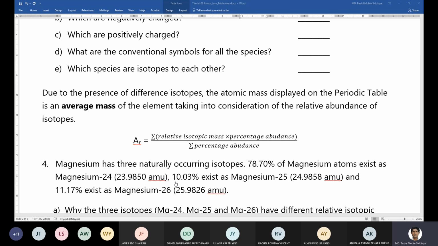So for sodium, 1s2, 2s2, 2p5, 3s2, can anybody tell why it is correct or not correct? Anybody want to volunteer? Sir, you cannot see your screen.